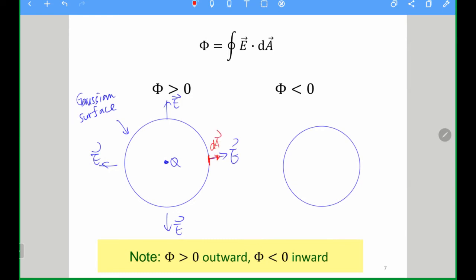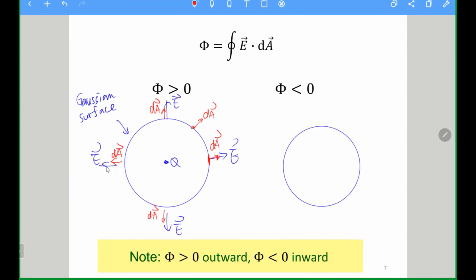So dA will be pointing this way here, this way here, and this way here. I don't try to draw too much, but I hope you can understand. dA always points to the outside.